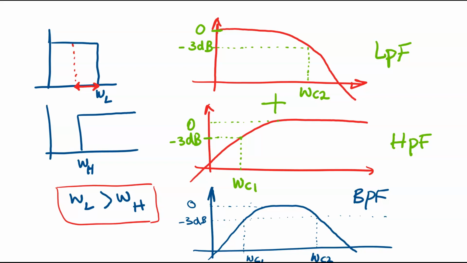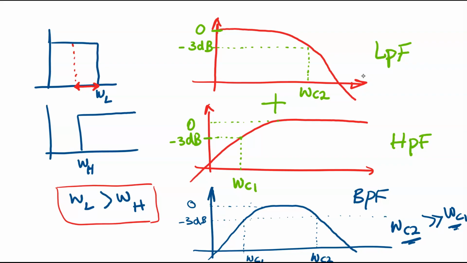The constraint is that they need to be widely separated. So if omega C2 is much greater than omega C1, then I can assume that omega C2 and omega C1 are the cutoff frequencies of my bandpass filter.